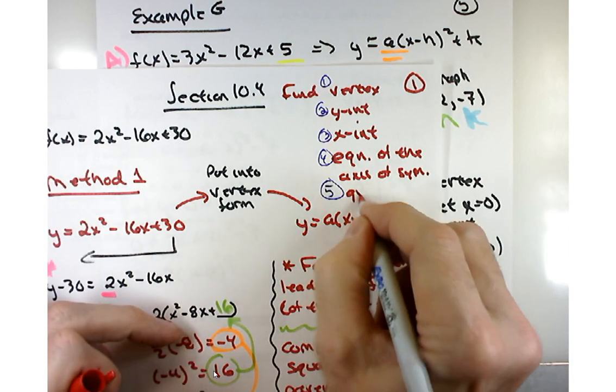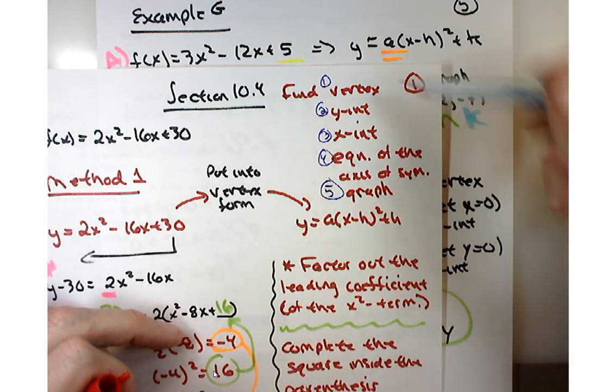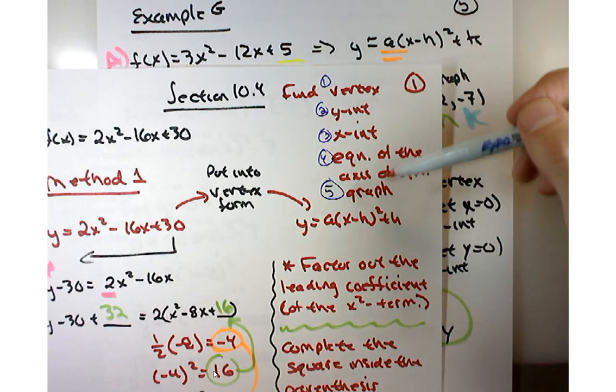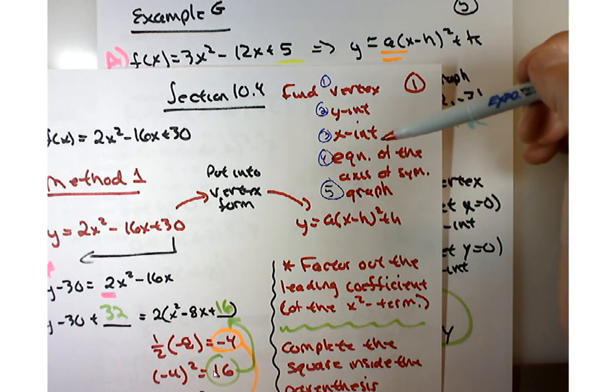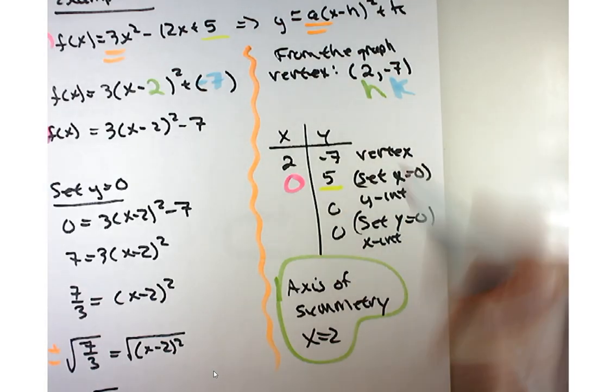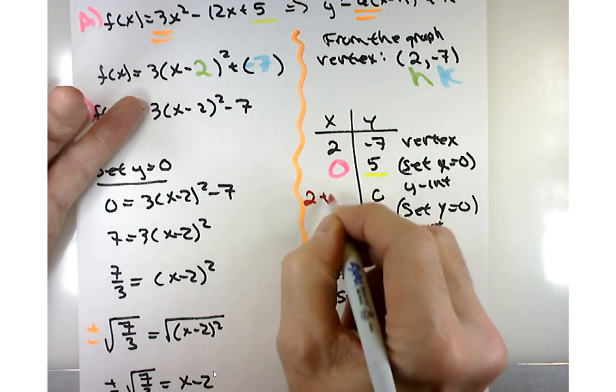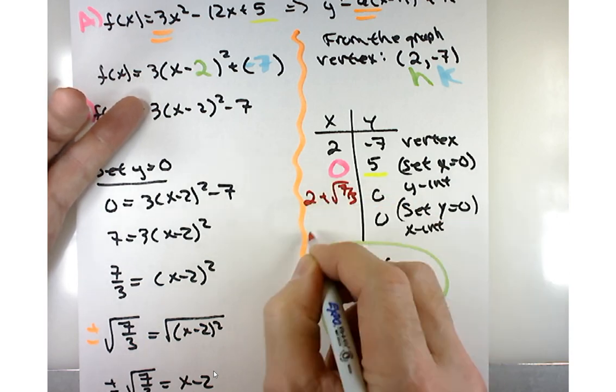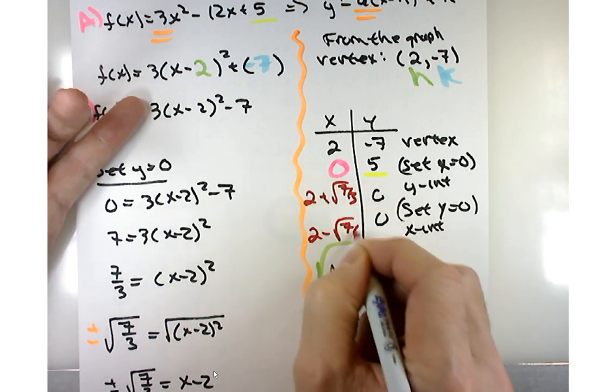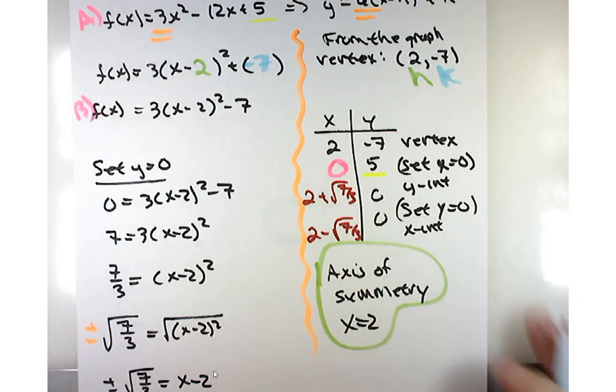One of the things I look for when I look at your graph is, does your graph match what you actually came up with in terms of coordinates? So to finish this one off, this would be 2 plus the square root of 7/3 and 2 minus the square root of 7/3, along with 0.